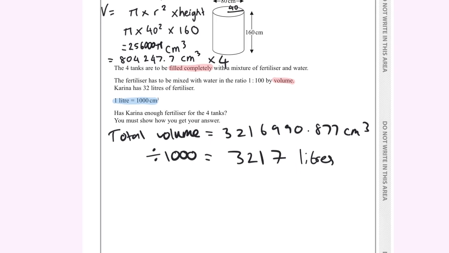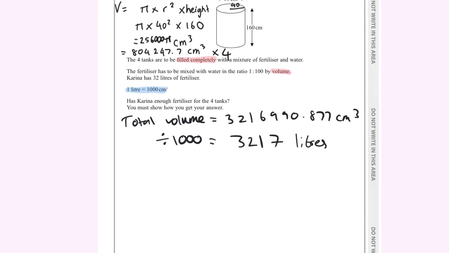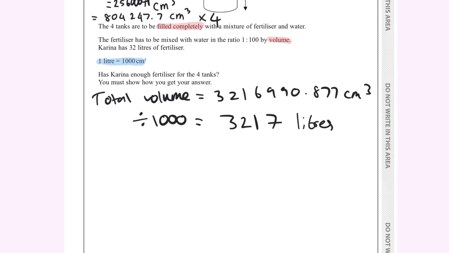Alright. Now she says she's got to mix in the ratio of 1 to 100 by volume. And she's got 32 litres of fertiliser. So if we're looking at this ratio, 1 to 100, the fertiliser side, and then the water. She has 32 on the fertiliser side.